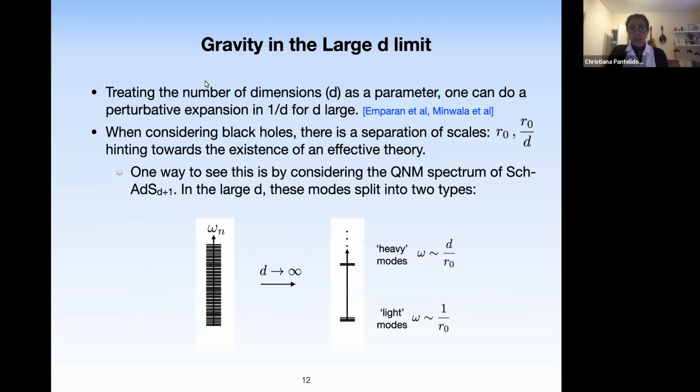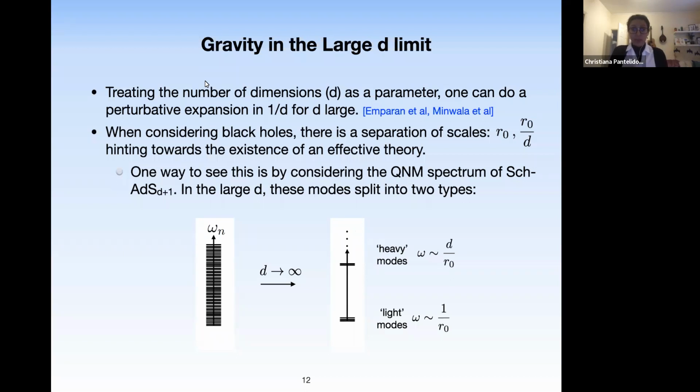The main idea behind the large D limit of general relativity is to take the number of dimensions, D, and treat it as a parameter. If you treat it as a parameter, then you can do a perturbative expansion in 1 over D as D becomes large. Why is this a good idea?